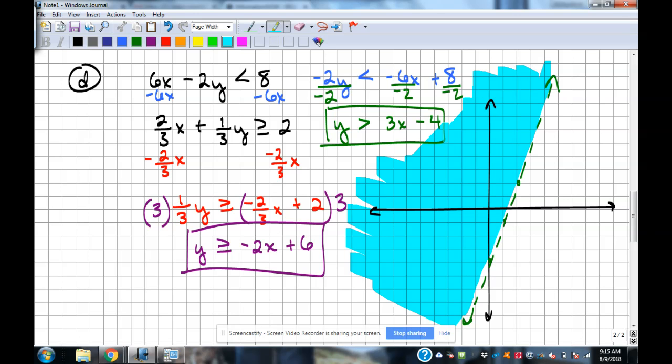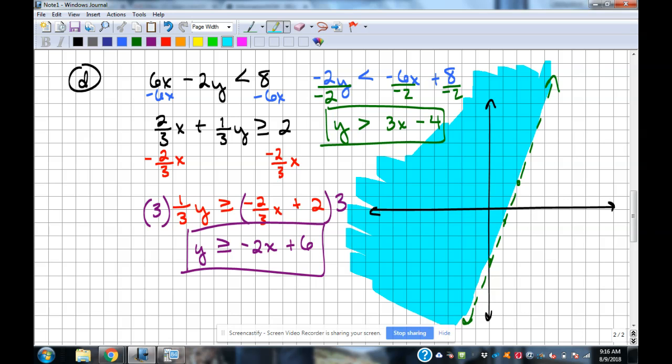If I had not flipped this inequality symbol when I was solving it, which side would I have ended up shading? The other side, which would have been wrong. So that's where that can get you if you don't do it. How again do you clarify whether it's a solid line or a dotted one? The inequality symbol, if it's got the line under it, the equal to mark under it, it's solid. If it doesn't have it, it's going to be dotted.